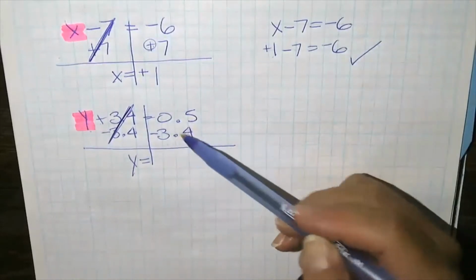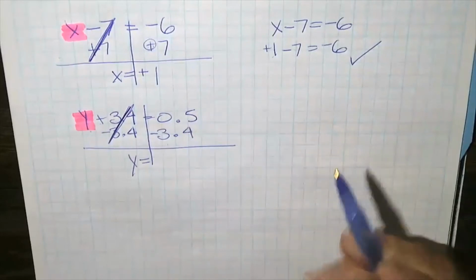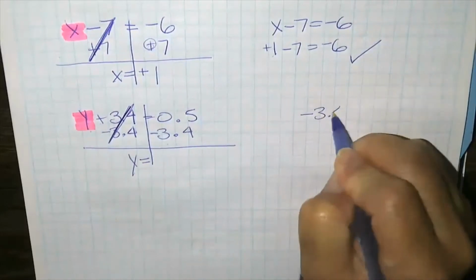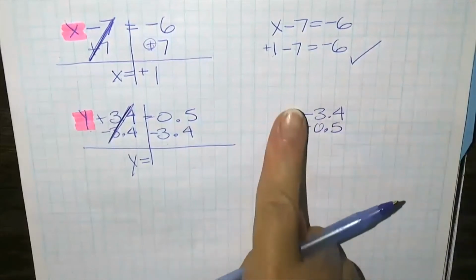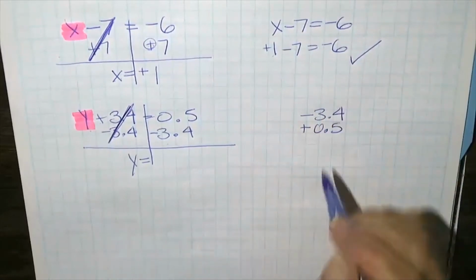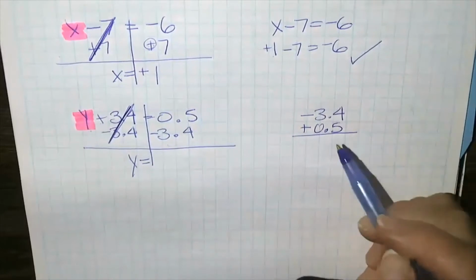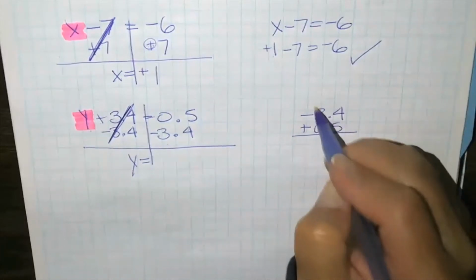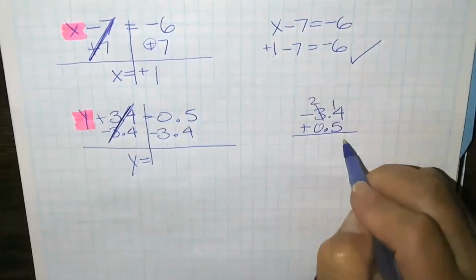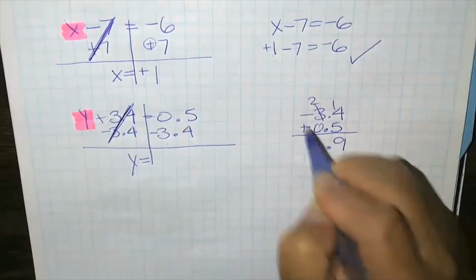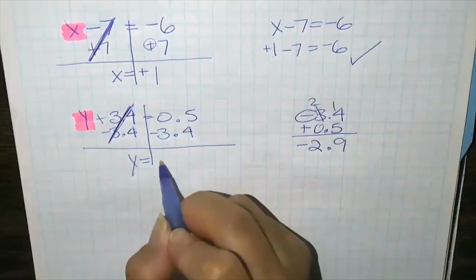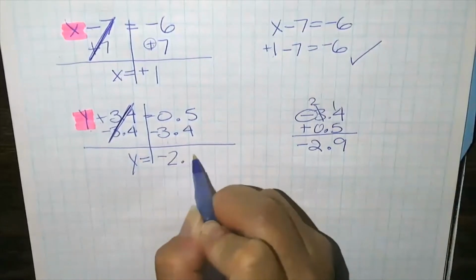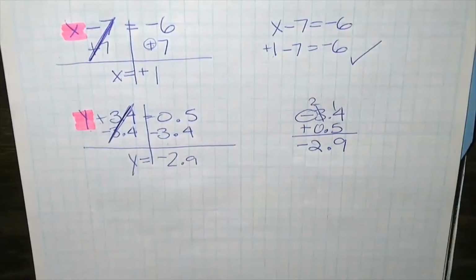But it's hard to subtract in this direction. So I'm going to rewrite my problem with the largest number, if I take my signs away, on top. Now I can subtract. Keep the sign of the largest number. So y equals -2 and 9/10.